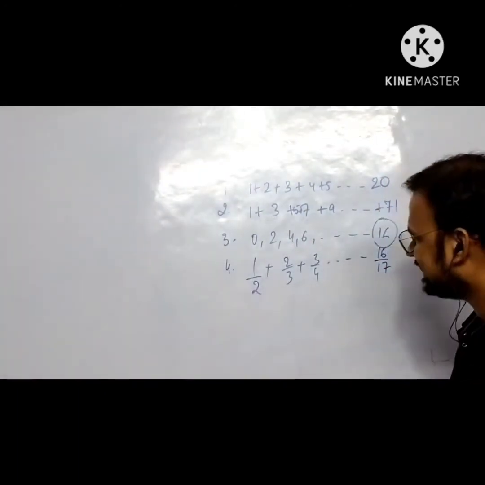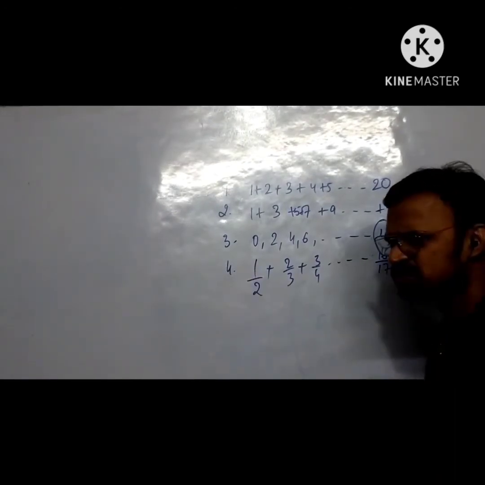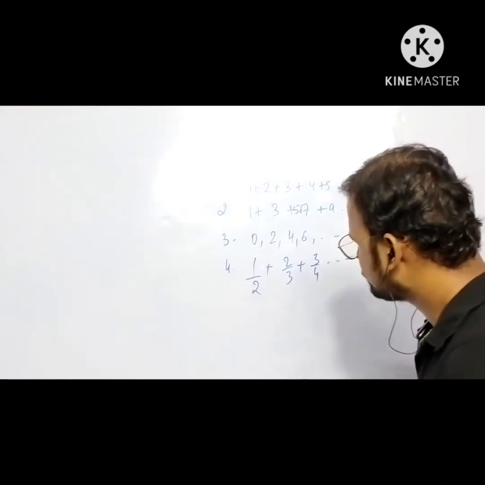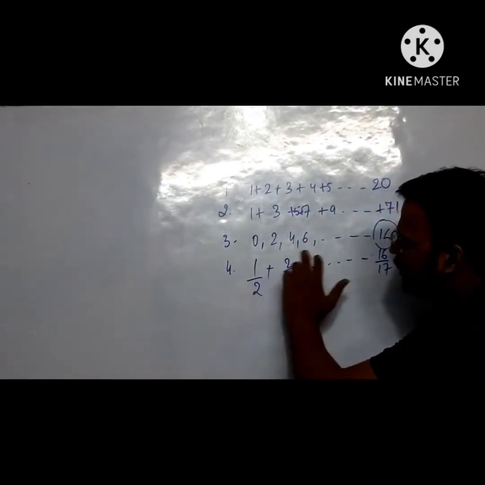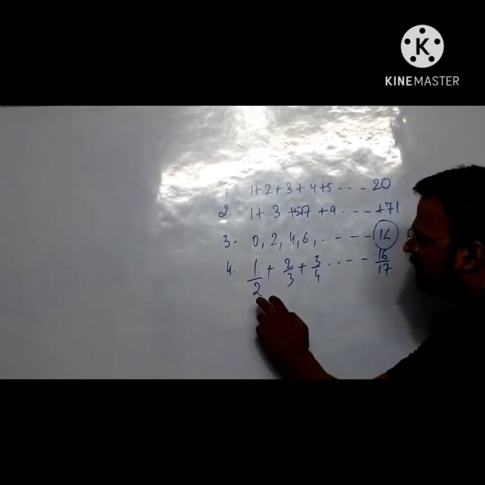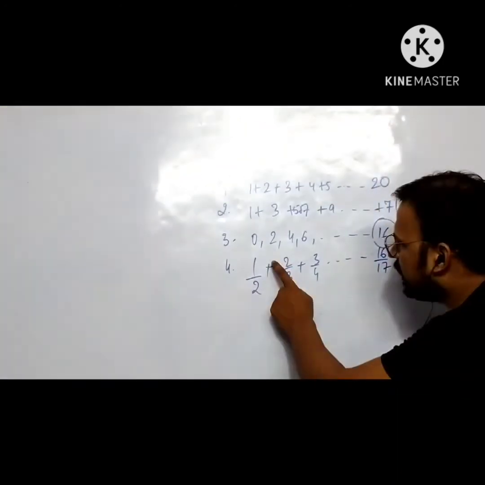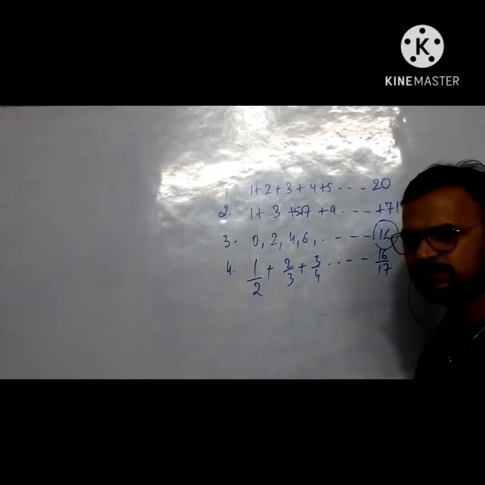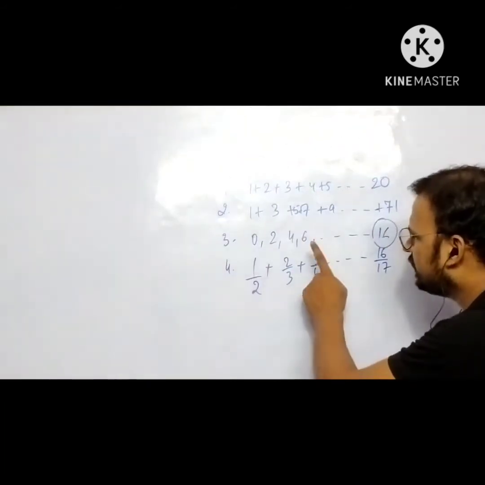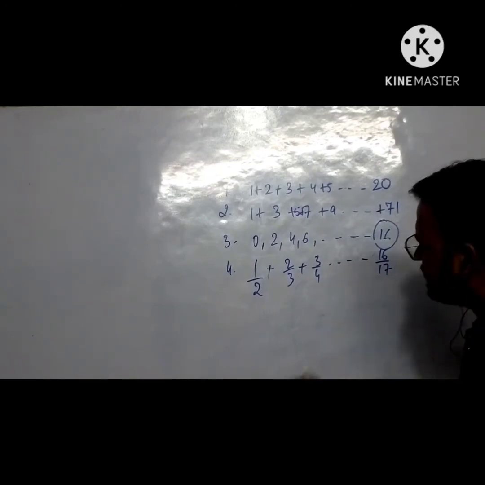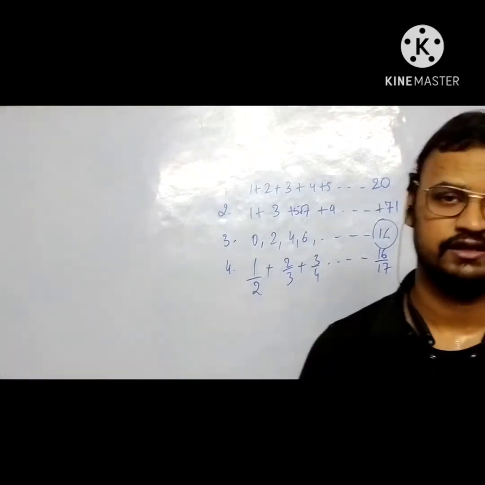Actually we are just selecting the values for which the loop should be applied. See, if the numerator is 1, then the denominator is 2. If the numerator is 2, then the denominator is 3. If the numerator is 3, then the denominator is 4, and so on. If the numerator is 16, then the denominator is 17.